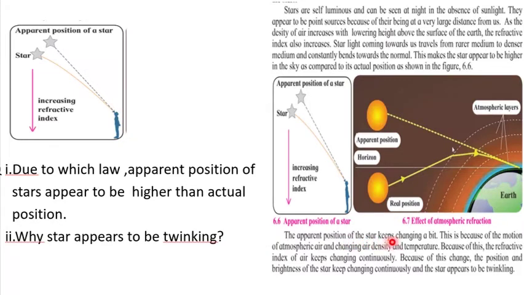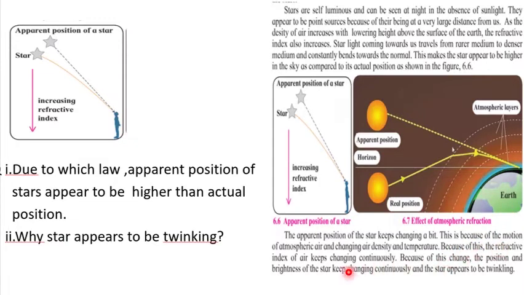The apparent position of star keeps changing a bit. This is because of the motion of atmospheric air and changing air density and the temperature. We know at the higher altitude, the air is less dense as well as temperature is low. At the lower altitude near the earth's surface, the air is more dense as well as air temperature is more.